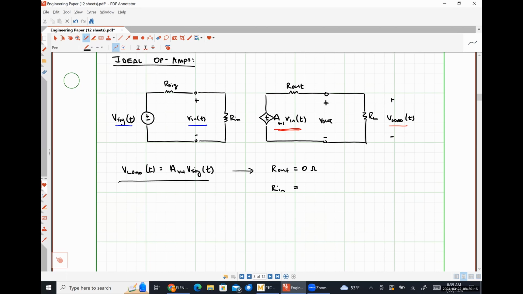We're trying to make Vn of t be exactly V sig of t. So if Rn were 0, Vn would be 0.